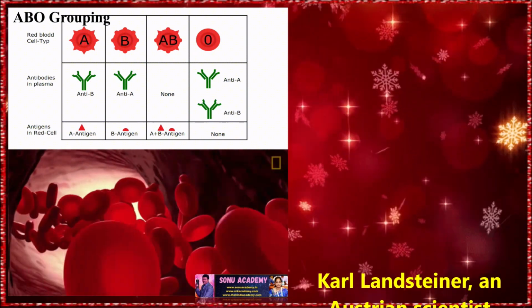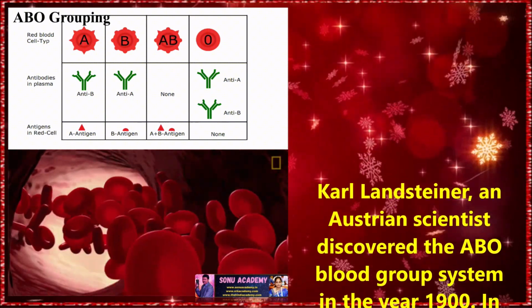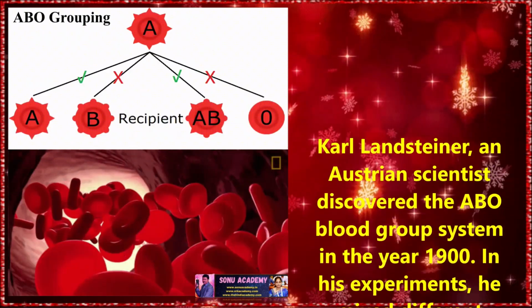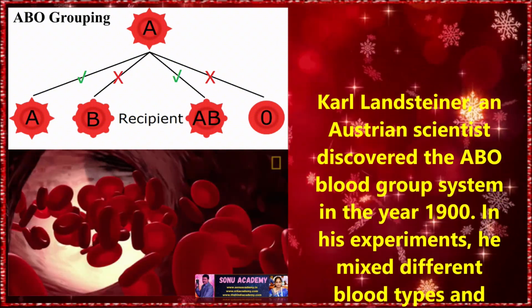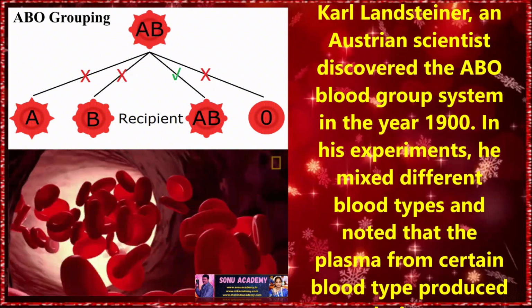Children, now let us discuss the blood group system. Carl Landsteiner, an Austrian scientist, discovered the ABO blood group system in the year 1900.